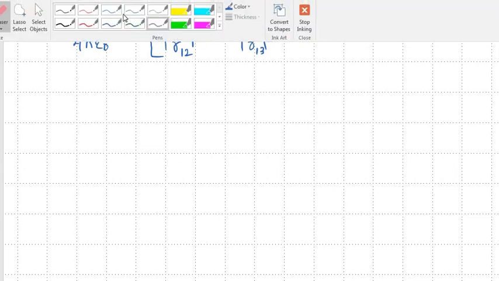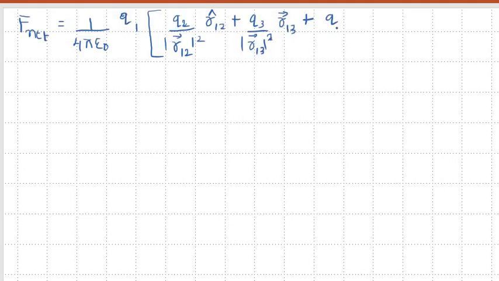So this is Q4 upon R14 vector whole square R14 cap, till the last one was Qnth charge upon R1n vector whole square and R1n cap.